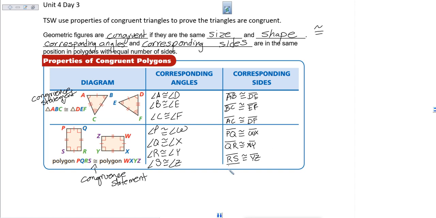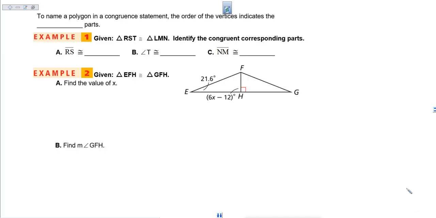So segment PS is congruent to segment WZ. Again, the order of your vertices in your congruent statement tells you what parts are congruent.